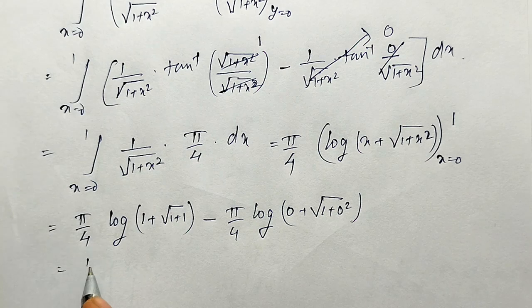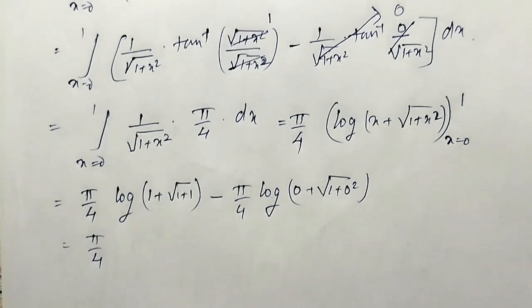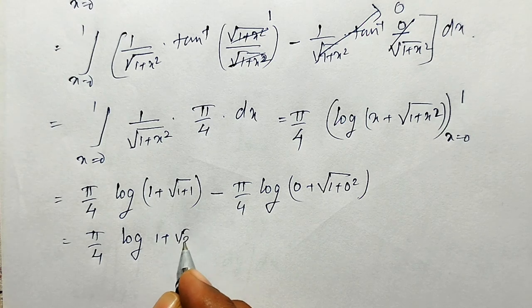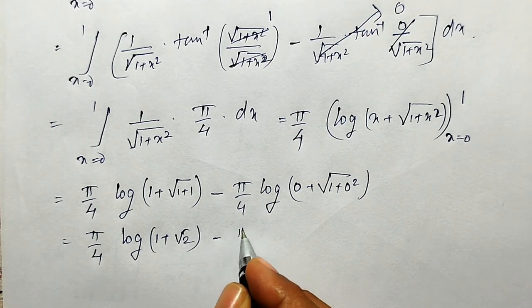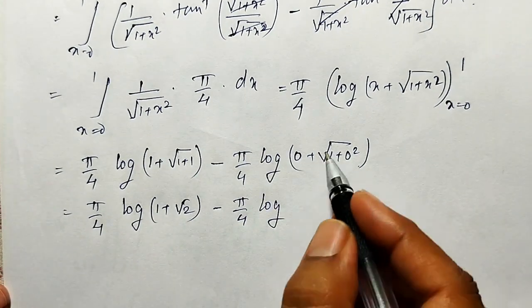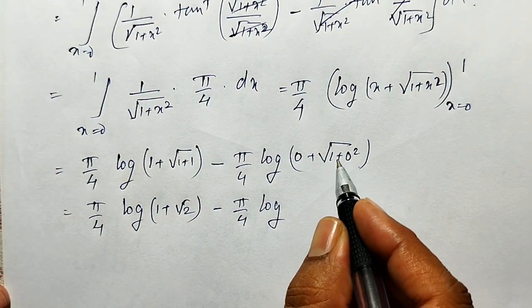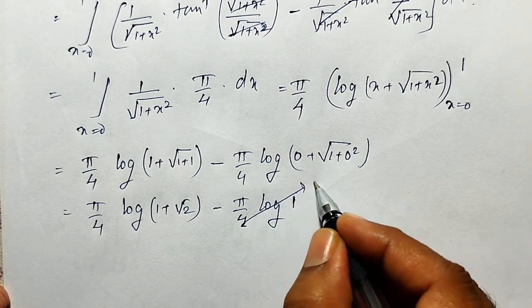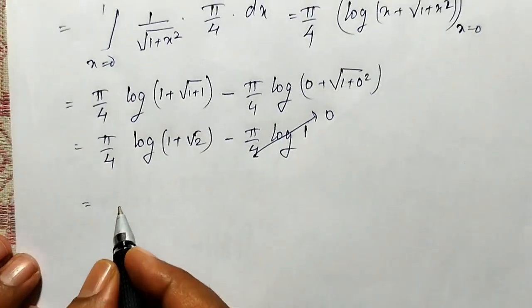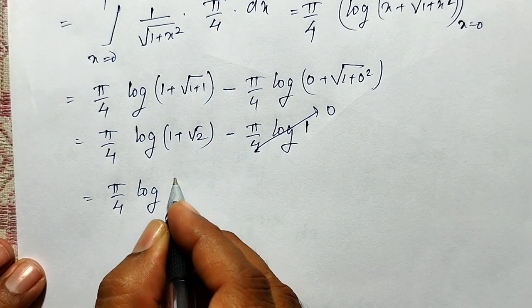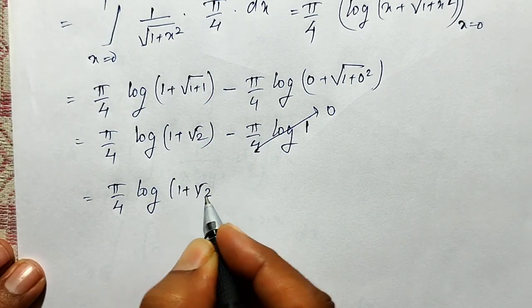Simplify this: it is pi by 4 into log of 1 plus square root of 2, minus pi by 4 times log of 0 plus 1, which is 1. Log 1 is 0, so this is equal to 0. My final answer is pi by 4 times log of 1 plus root 2, which is the required answer.